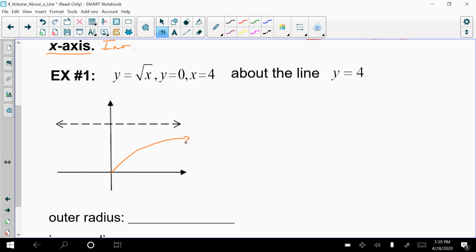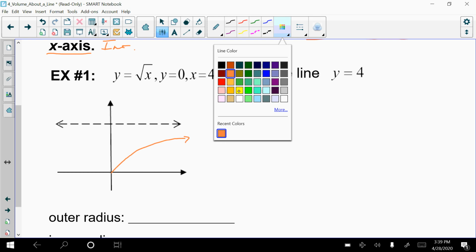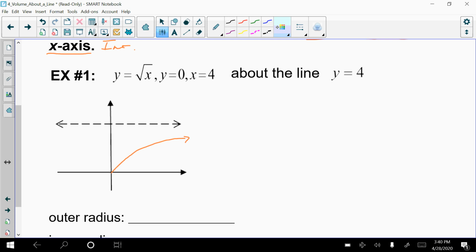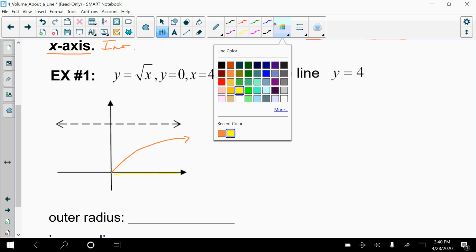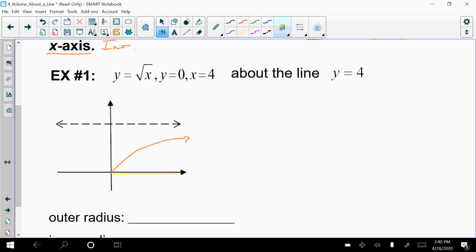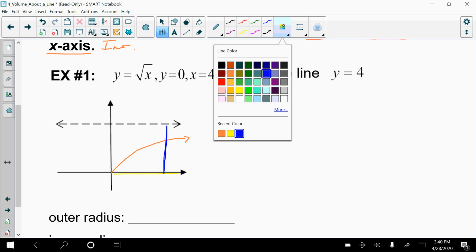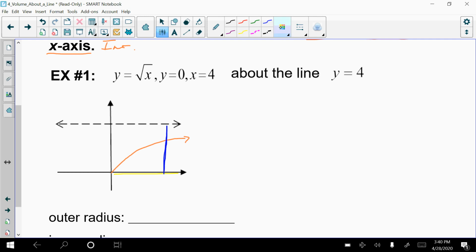We also have y is equal to 0, which is the x-axis, and the line x is equal to 4, and we'll draw in the line about here. So at this point right here, this would be at (4, 0), because that's where the line x is equal to 4 comes from.